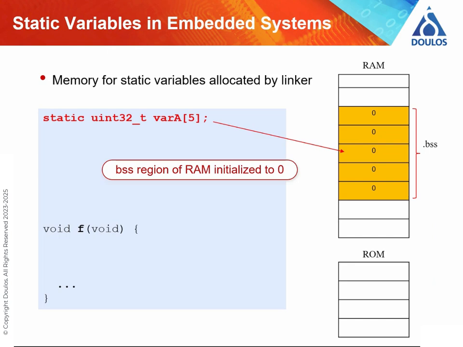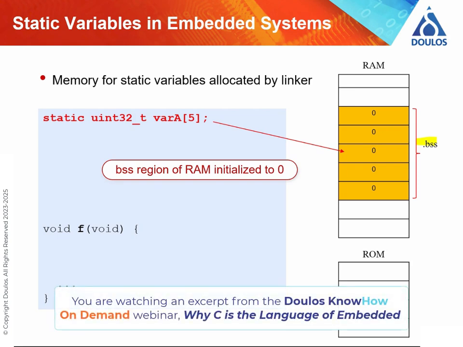In terms of accessing data in memory and registers using C, that's also fairly straightforward. The memory will be divided into various regions, and there's a region known as the BSS region that's the place where your static variables are going to get stored.